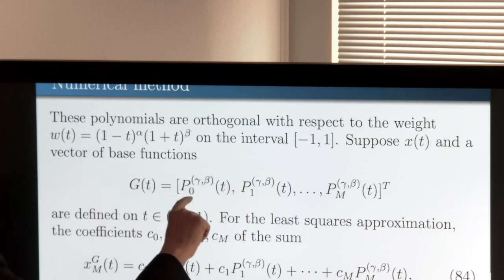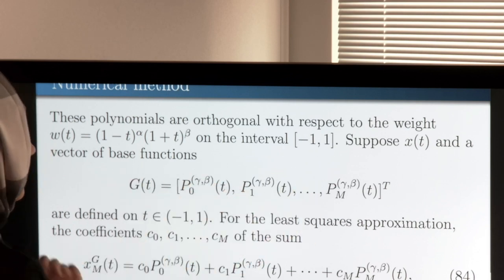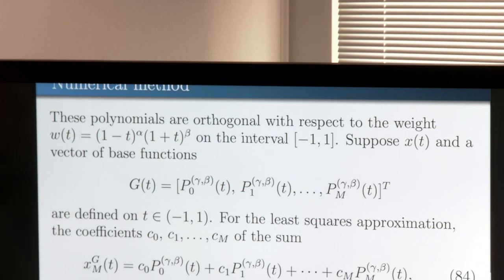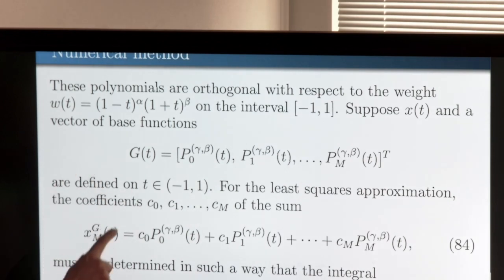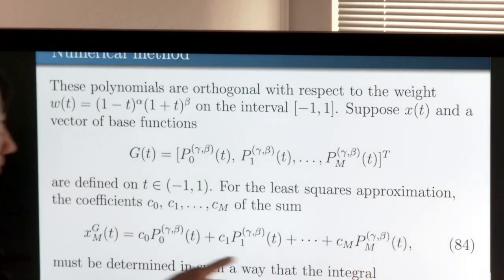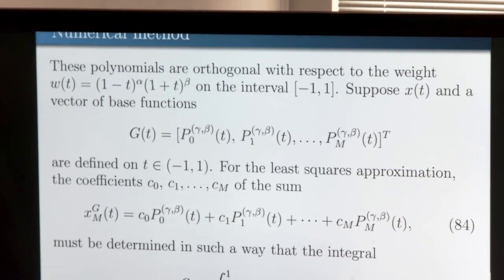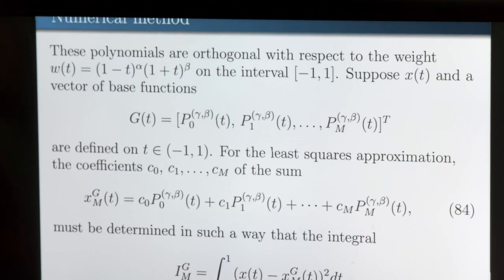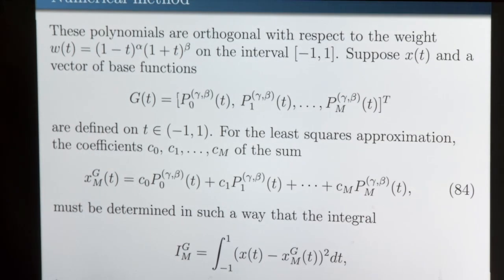Its members are Jacobi polynomials of order nu and beta, and we approximate the solution of the fractional differential equation by this equation. Here we use least squares approximation to find the solution of the equation.